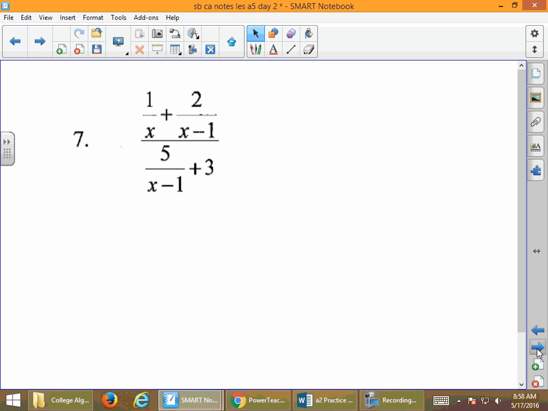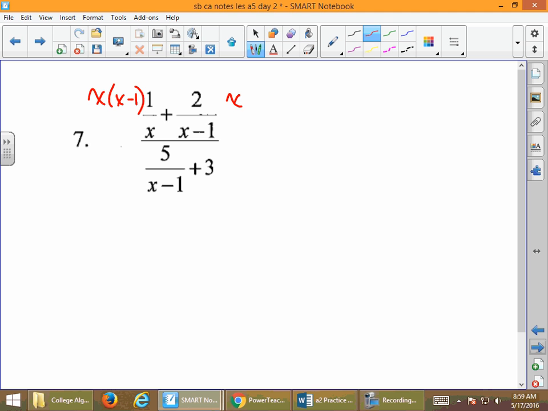But what is our LCD here? X minus 1 times x. We take the monomial, the single term, and we multiply it by the binomial, the one with the plus or the minus in it. So it's going to be x times x minus 1.